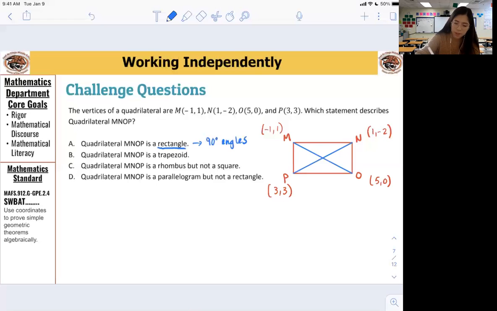And so I'm assuming that you checked the four sides. What did you guys get for MP? What's the slope of MP? Good. -2 over -4, which simplifies to 1/2. What about the slope of MN?